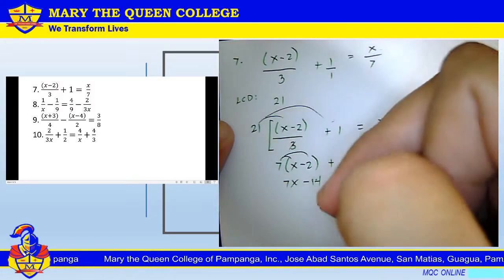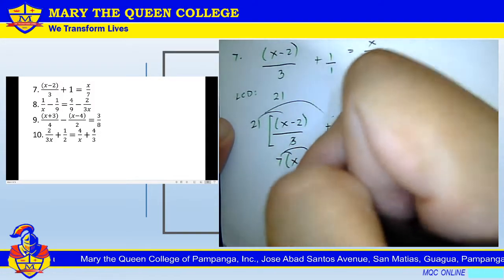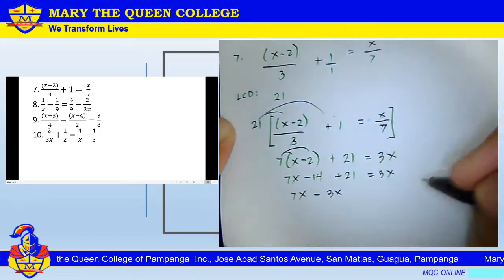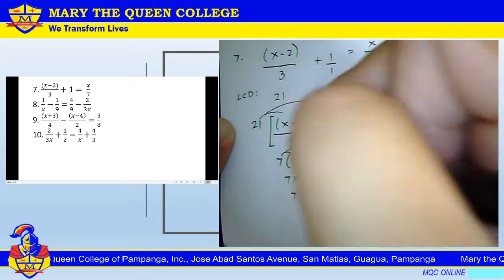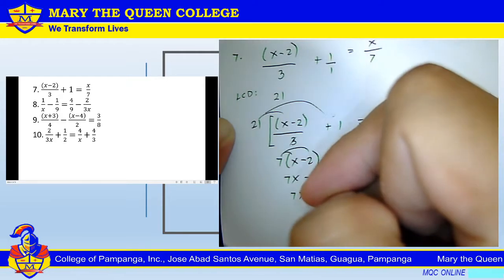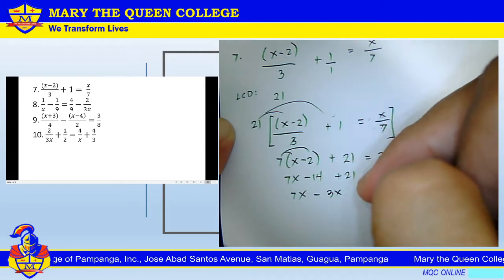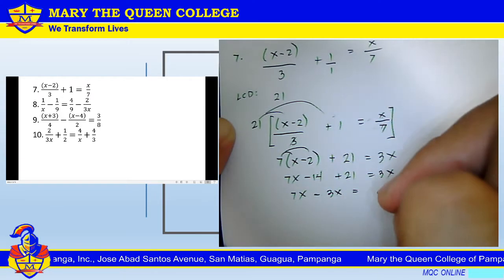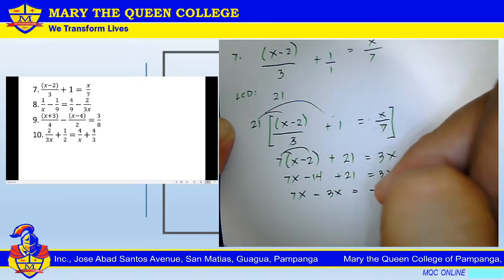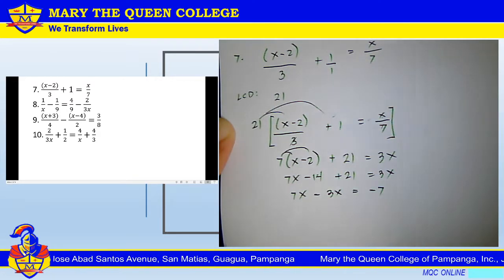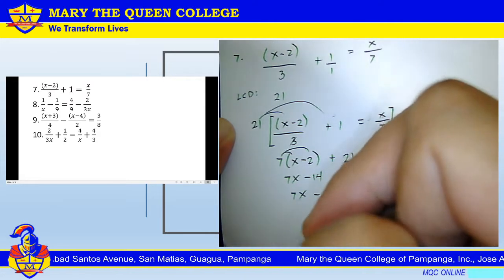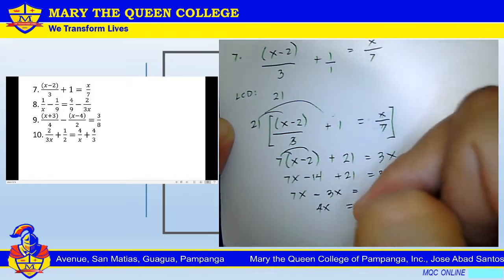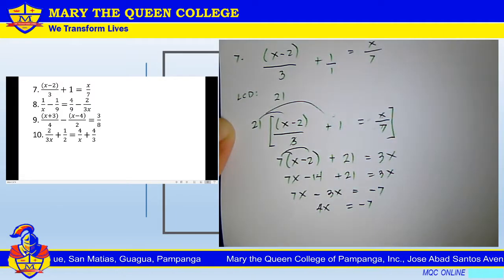Simplifying it further, we'll have 7x minus 3x. Transpose 3x from the right side going to the left side. And then negative 14 plus 21, that is positive 7. Then transpose it, you will have negative 7 here. So we have 7x minus 3x, we have 4x is equal to negative 7.